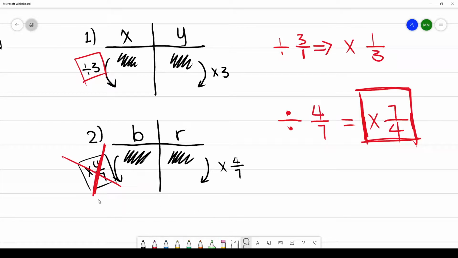You divide by 4 over 7. And times 4 over 7 is different from times 7 over 4. Not very different, but they're exactly the opposite. So does it make sense? If not, just say no. I will try to explain it in a different way then.